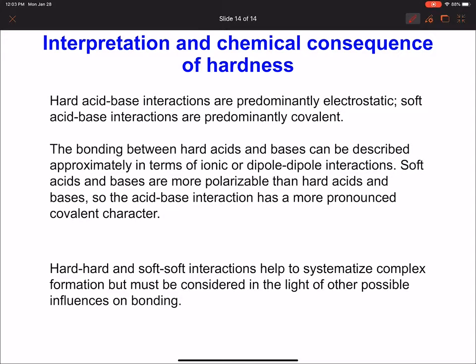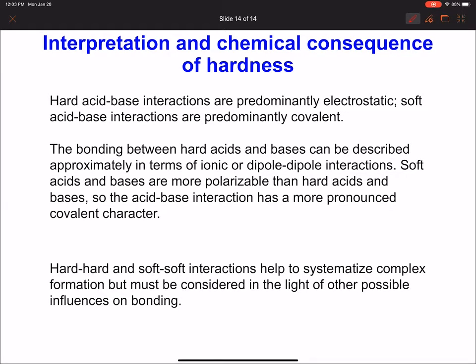It will hold tight to the central atom of the base, and for a hard acid, it's really hard to polarize electrons from the base. So you can imagine it's just a plus ion interacting with a minus ion. It's an electrostatic interaction, a minus ion paired with a plus ion. That's kind of an ionic compound, but a strong ionic interaction.